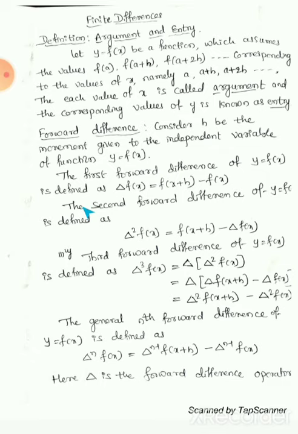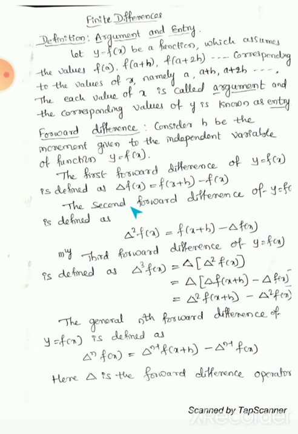Then we can define the first forward difference. We can calculate the first forward difference, second forward difference, third forward difference, and so on, and lastly the nth forward difference of your function y is equal to f of x. The first forward difference of y is equal to f of x is defined as del f of x is equal to f of x plus h minus f of x.